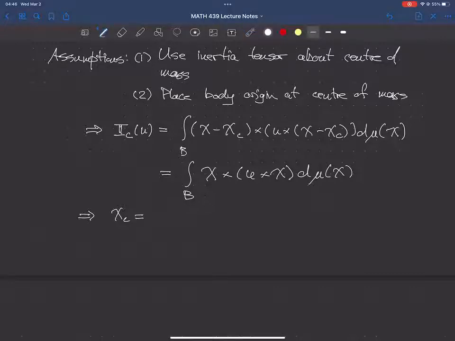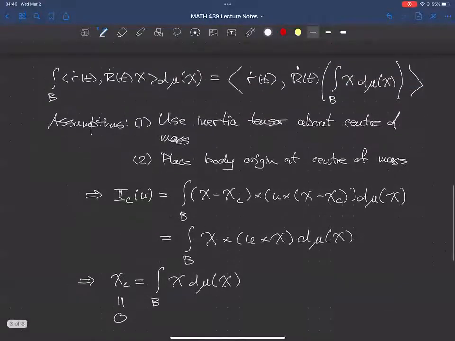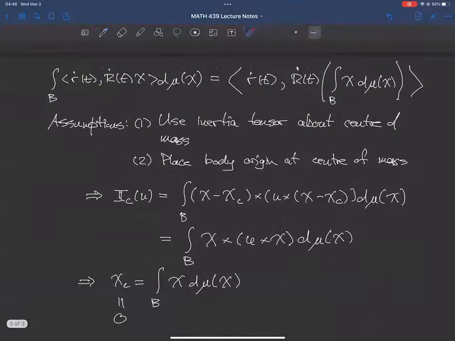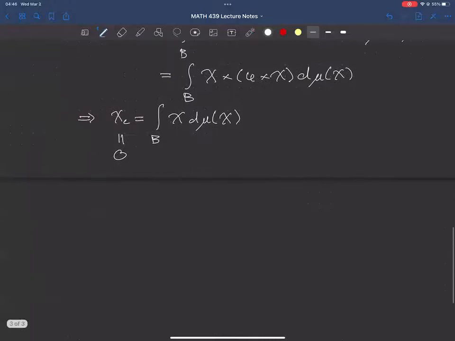But the center of mass is also equal to, by definition of the center of mass, okay, and this is equal to 0 with the assumptions that I'm making. So the upshot of that is that's 0. Okay. All right, and so that's the cross term.